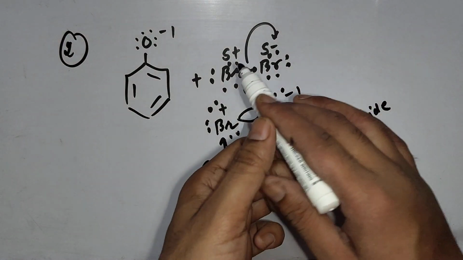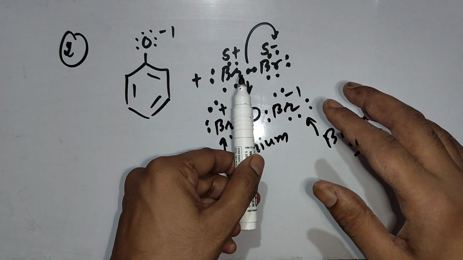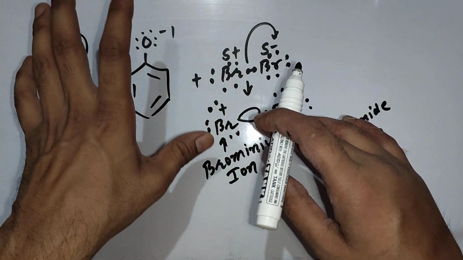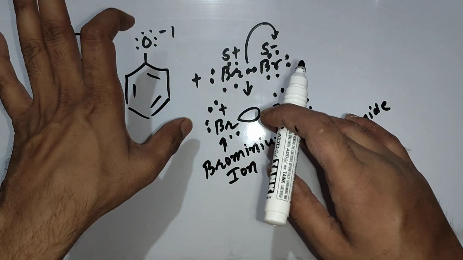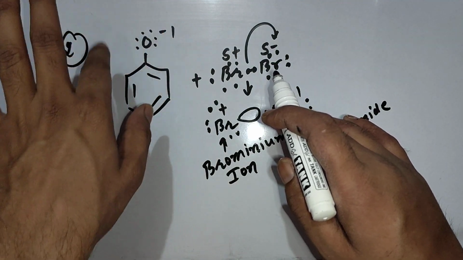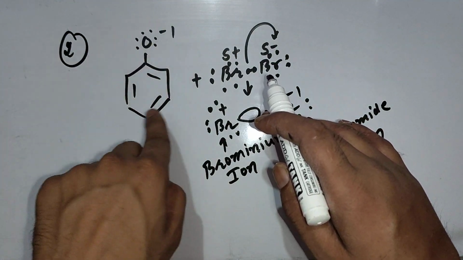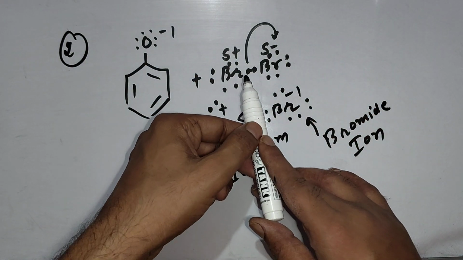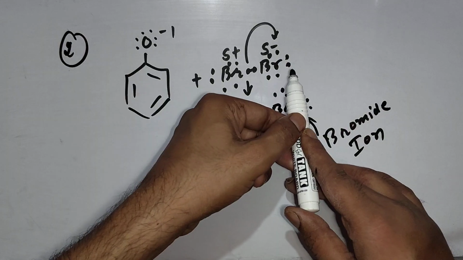Why has this happened? Because when this molecule was going near to phenoxide ion, this benzene ring and this oxygen are a high source of electron. So negative charge is there. Due to that negative charge, these electrons are feeling further repulsion and they are going more toward the right-handed bromine.